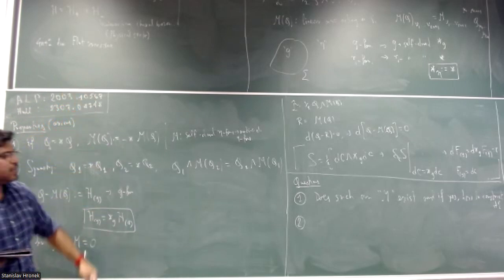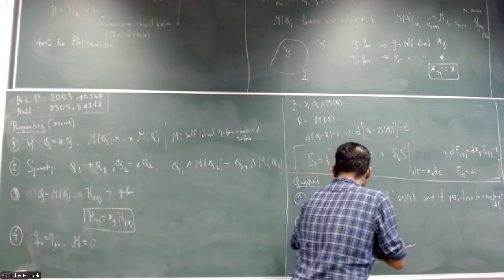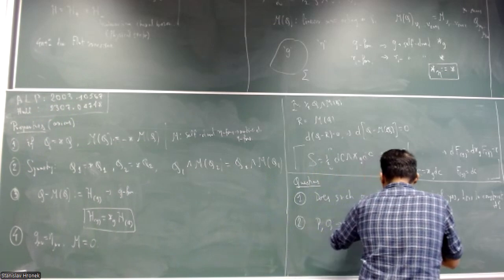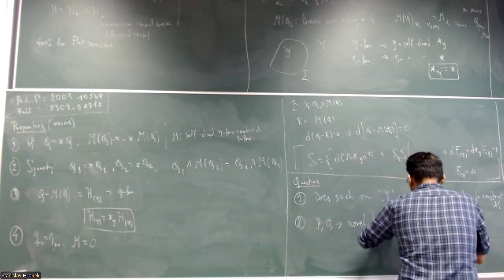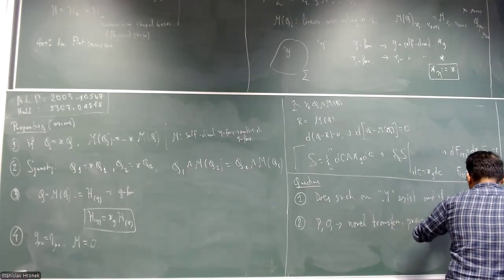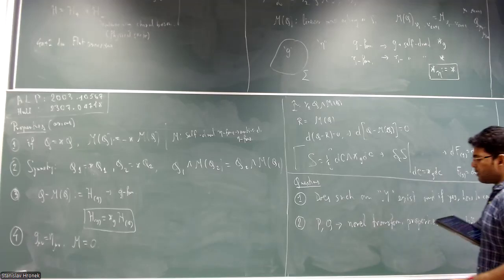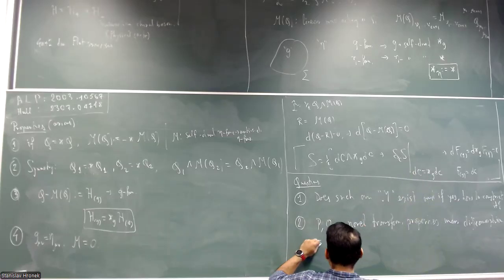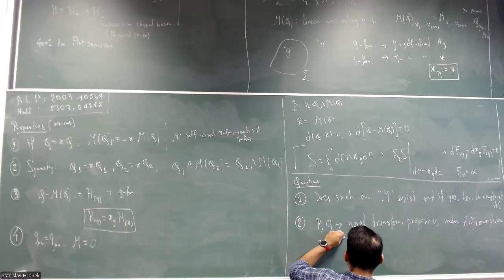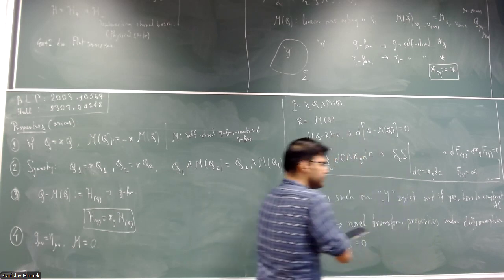The second possibility is that you abandon that and you say that P and Q have novel transformation properties under diffeomorphisms, such that the total action is diffeomorphism invariant.